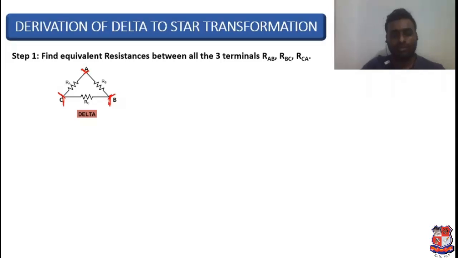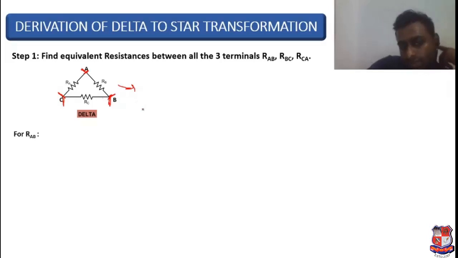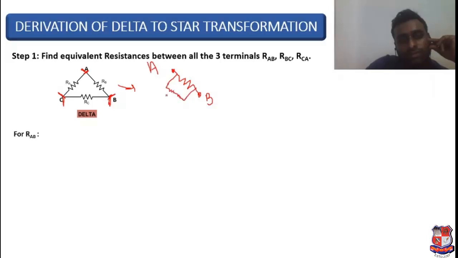So first we will find the resistance between AB. So for RAB, what will be the circuit if I redraw this circuit? If we say that we are finding resistance between A and B, this C is of no use now. It means that RA and RC will be in series. So it will be looking like this. This point is A, this point is B, and across this there will be two resistors available, where one is RA and this one is RC.